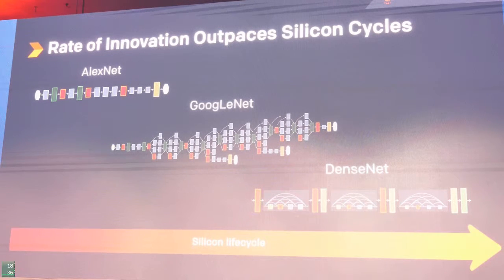After a few years, you get the silicon back, and the state of the art has changed. Now your silicon is optimized for a network that is not state of the art anymore. Fixed silicon architectures are not the answer. The answer is adaptable hardware.